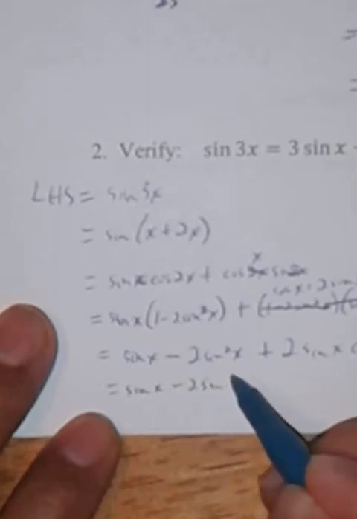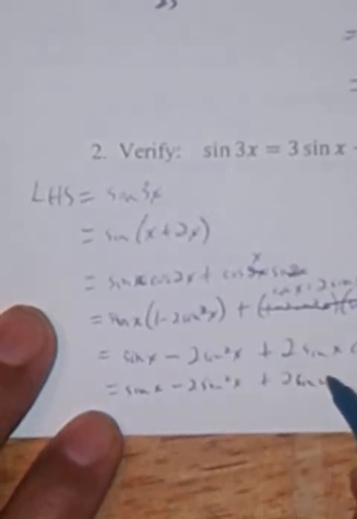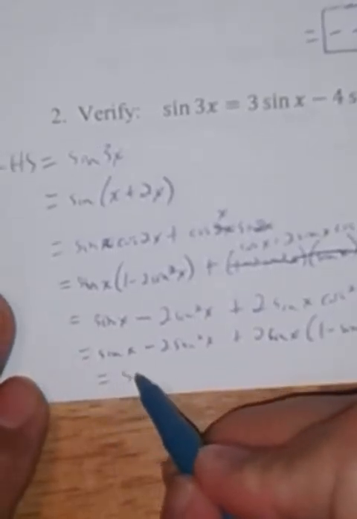So this will be sine x minus 2 sine squared x plus 2 sine x. Remember, cosine squared x is 1 minus sine squared x. This will be sine x minus 2 sine squared x.